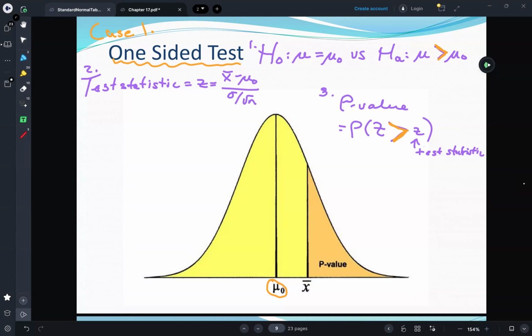The test statistic is just like a z-score: Z equals x bar minus mu naught, our hypothesized value, divided by sigma divided by square root n. And know what all those pieces mean. What is x bar in words? X bar is the sample mean. What is sigma?